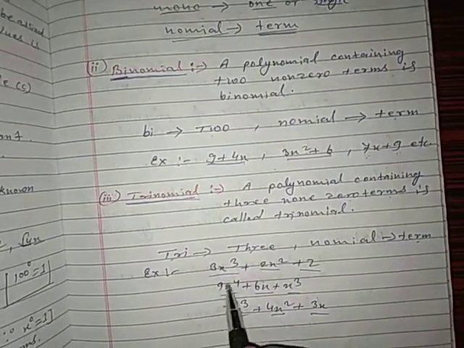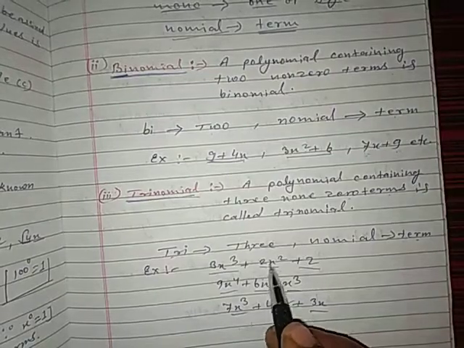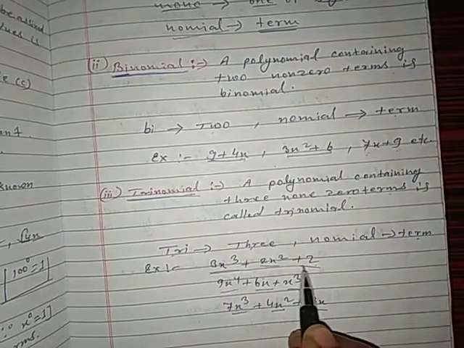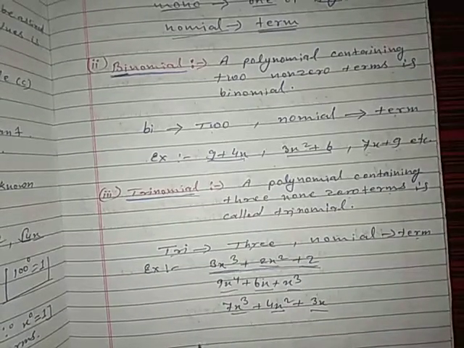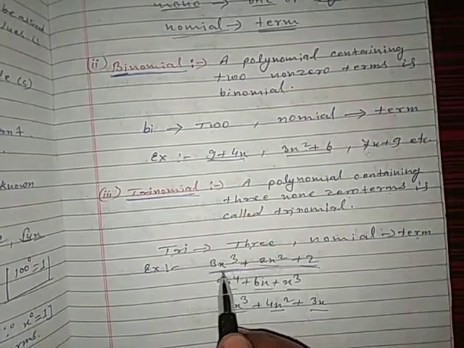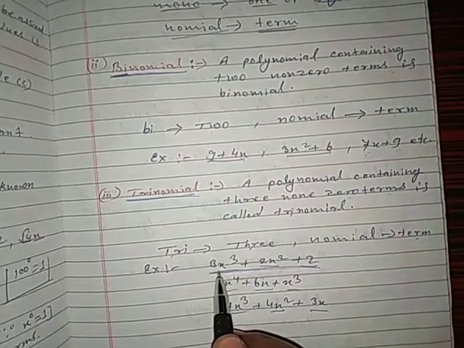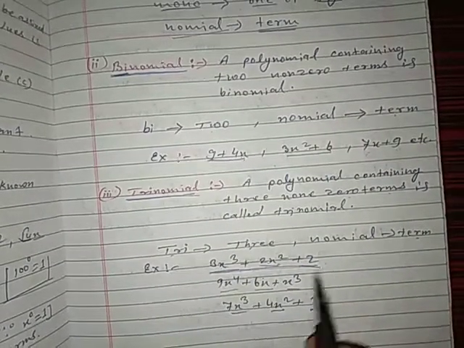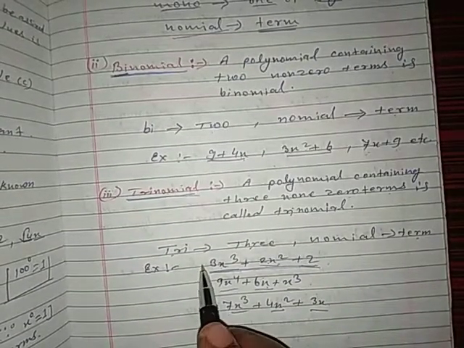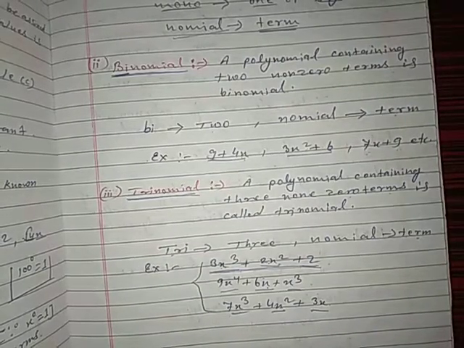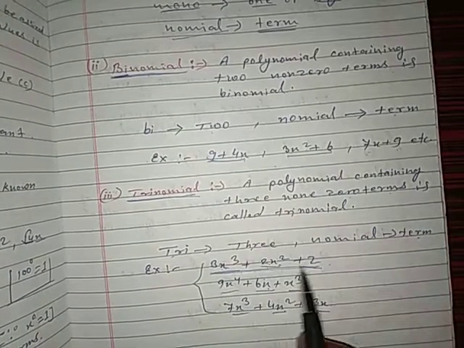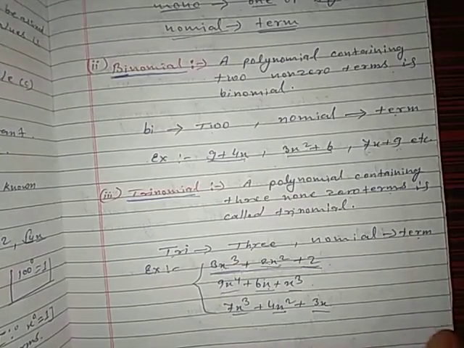Here, 3x square plus 2x plus 2 is an example of a trinomial because there are three terms: first, second, third. Every example has three terms here. So we can say these are examples of trinomials.